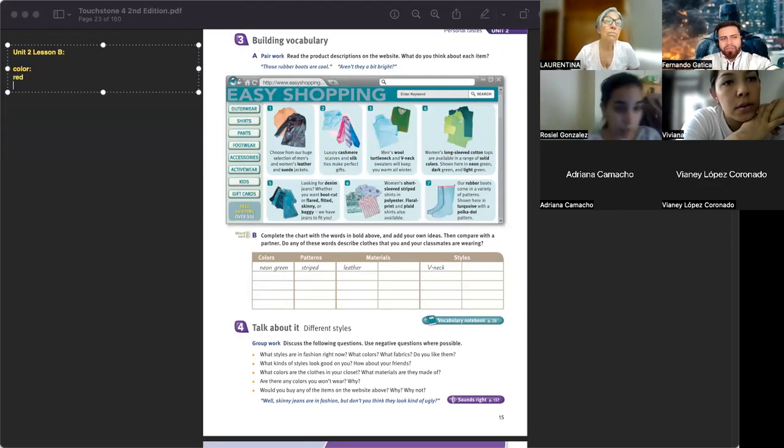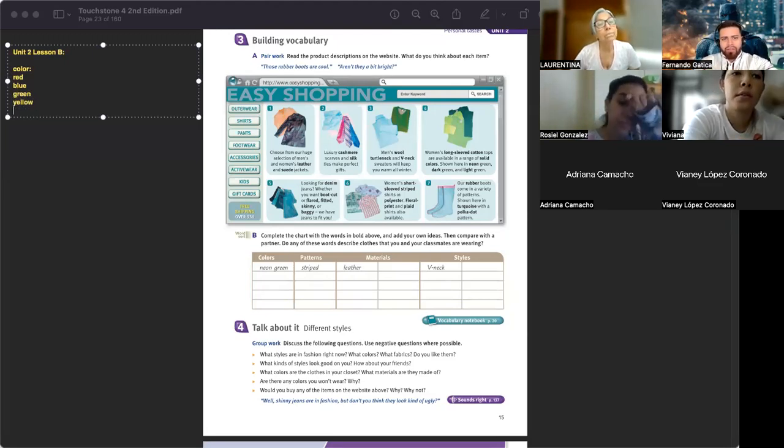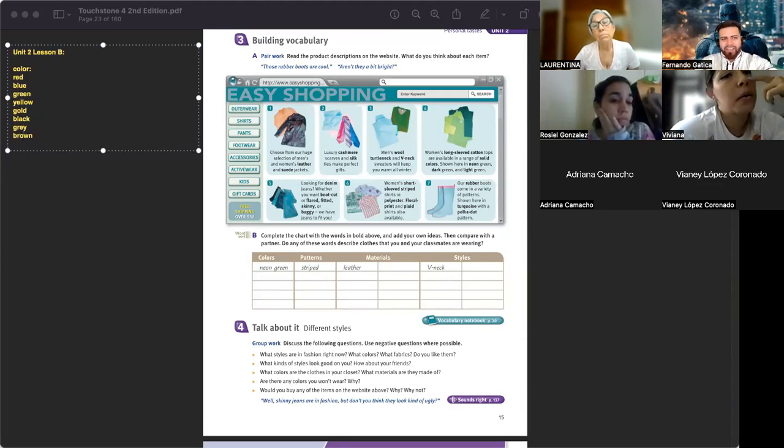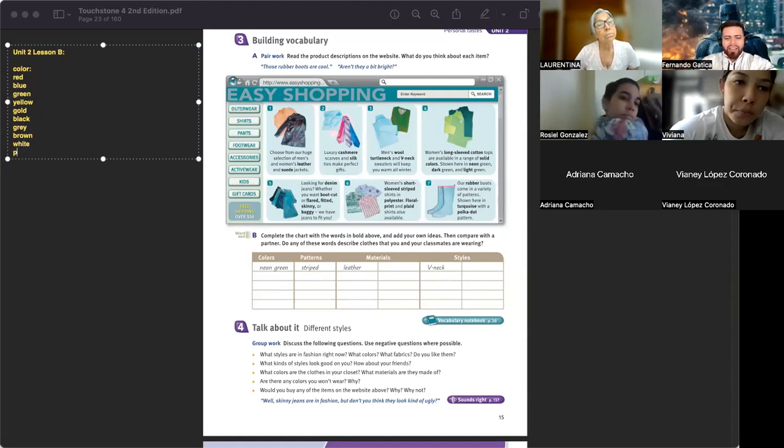Red, blue, green, yellow, gold, black, gray, brown, white, pink. Good. So you know the colors because that's usually what they teach you first when you're learning English.